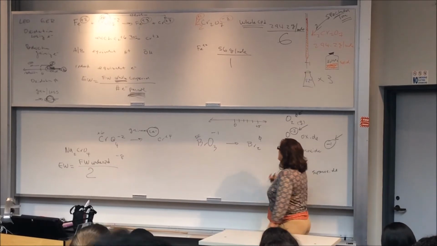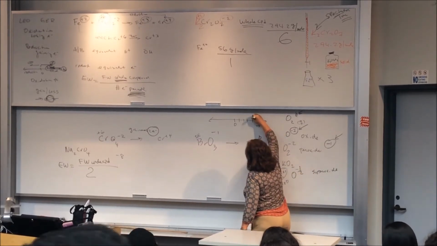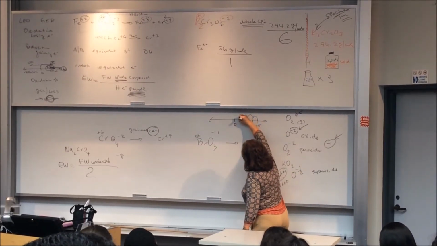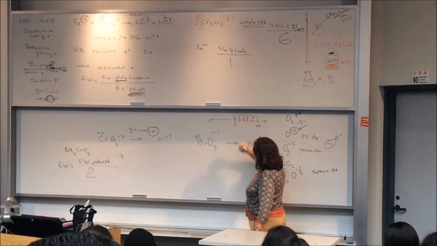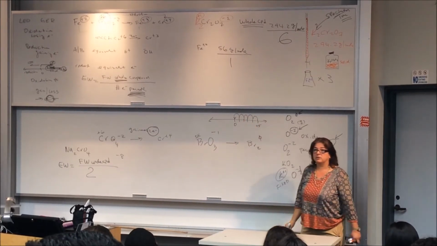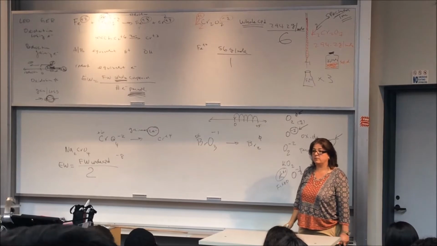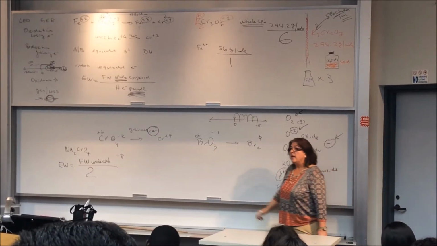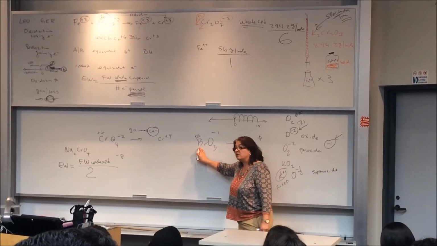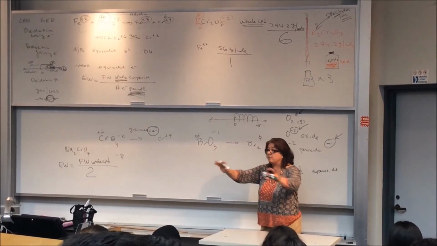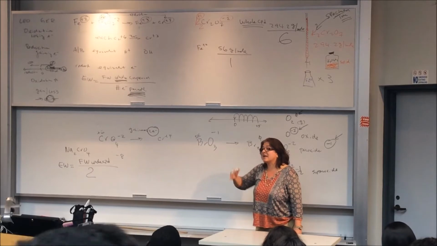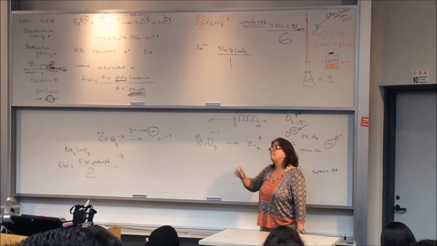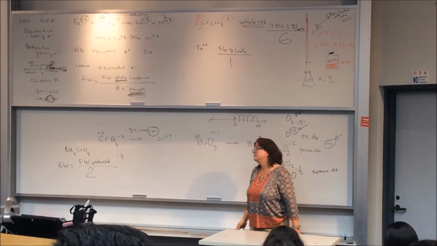How many electrons were required? That's a massive reduction. 5 electrons. That's a lot of electrons in a single mole, but there it is, nevertheless. Bromine went from +5 to 0. How many electrons were required? 5 per bromine, right?